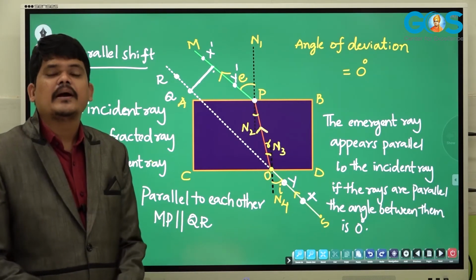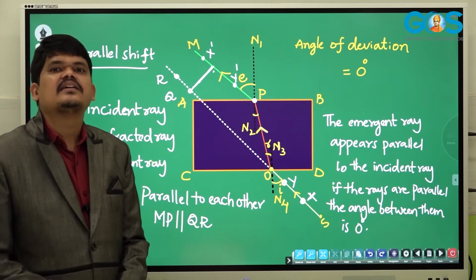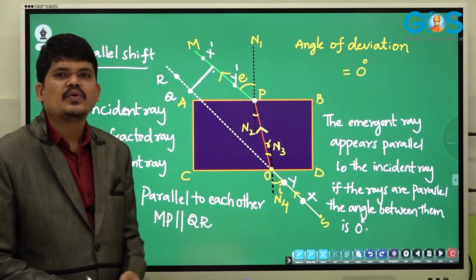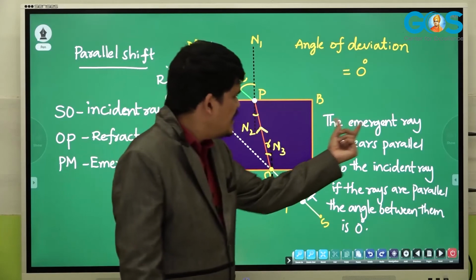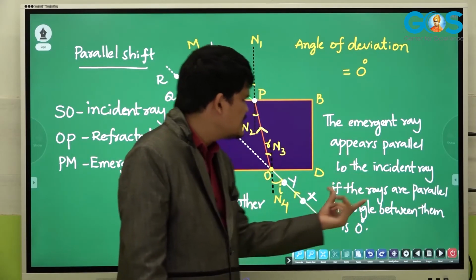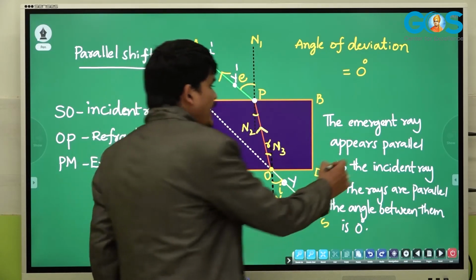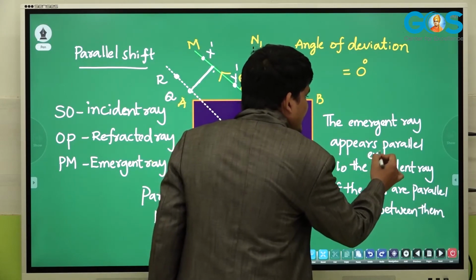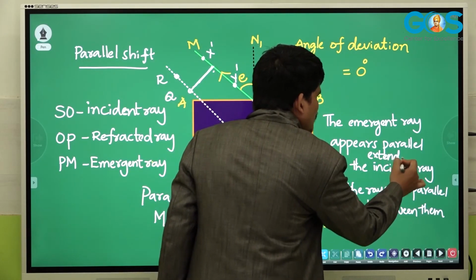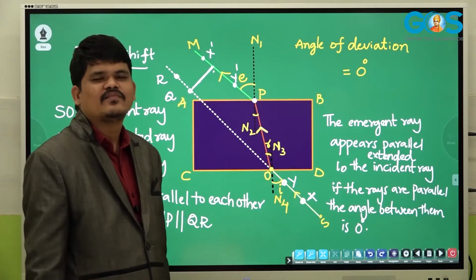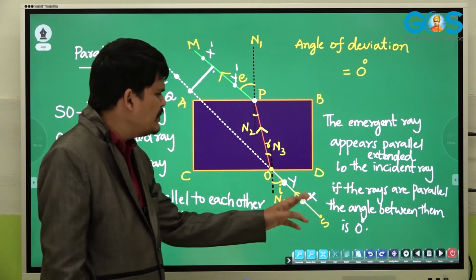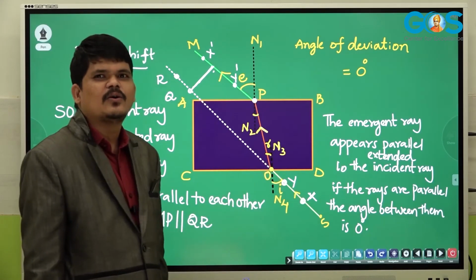Now try to see how this extended incident ray and the emergent ray look. They look parallel to each other. Now we know the emergent ray appears parallel to the extended incident ray. If the rays are parallel, the angle between them is 0.